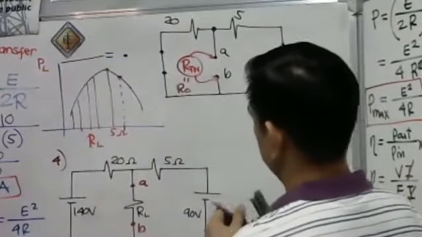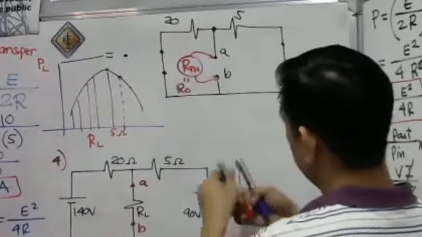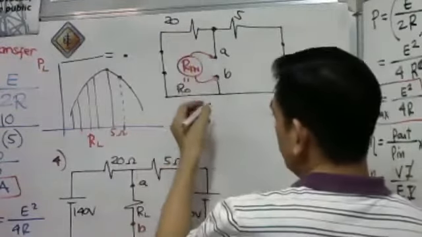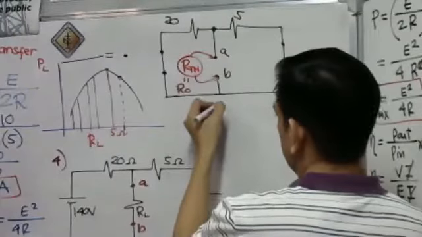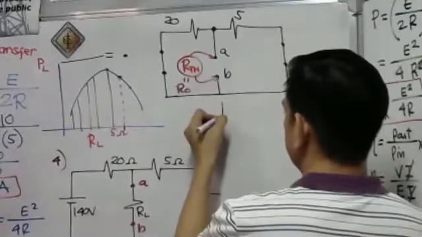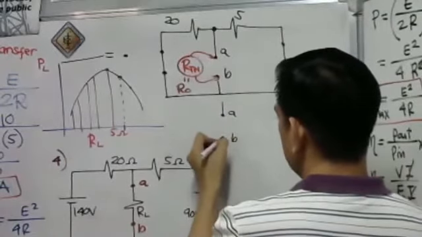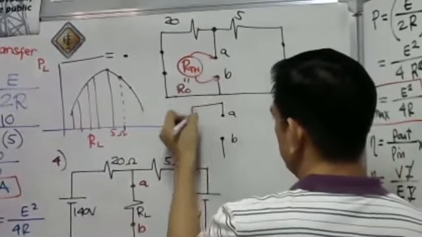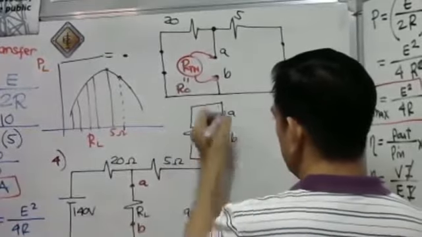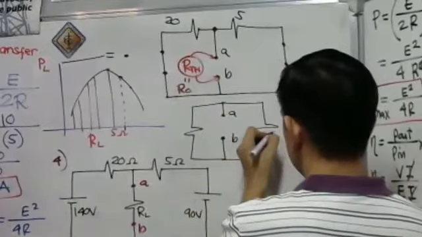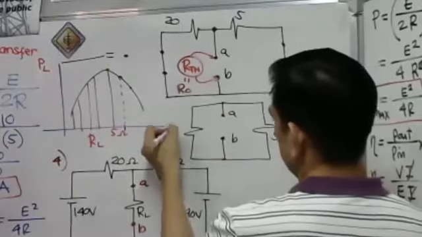What do I mean? If you have your 20 here, it's just like saying this is our point A, this is our point B. It's just like saying you have your 20 ohms here, and you have your 5 ohms here. This is our 20.